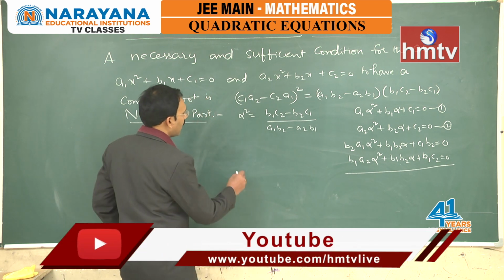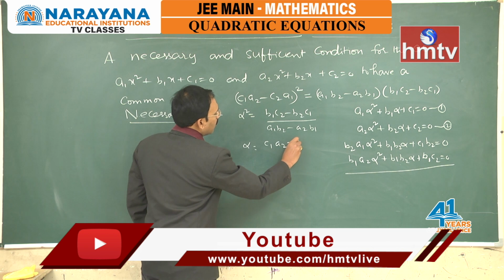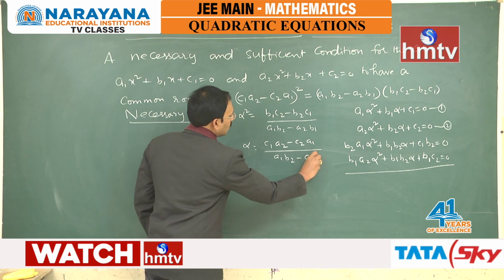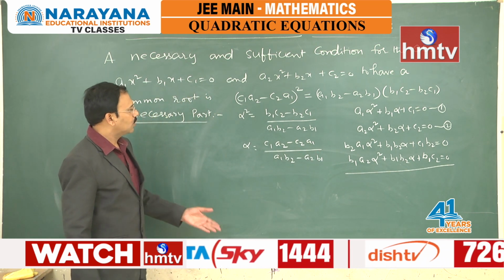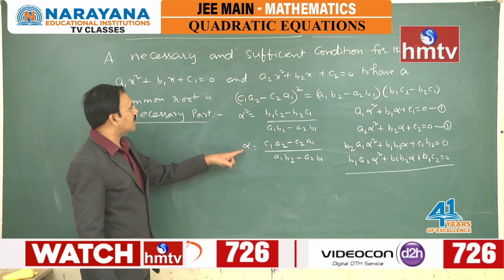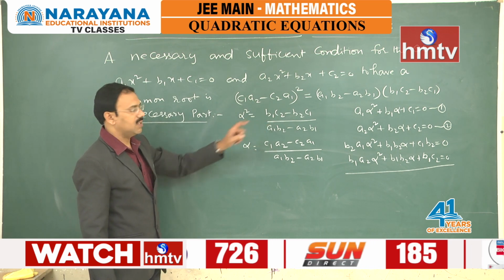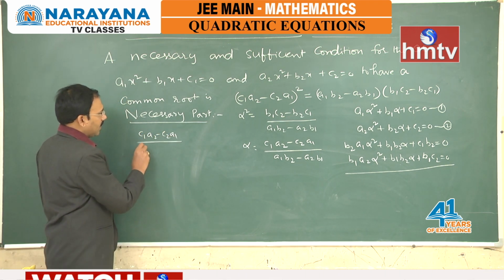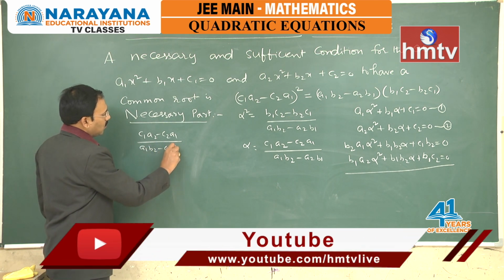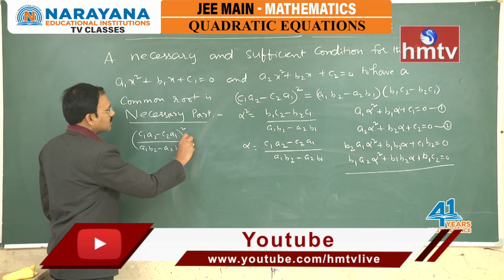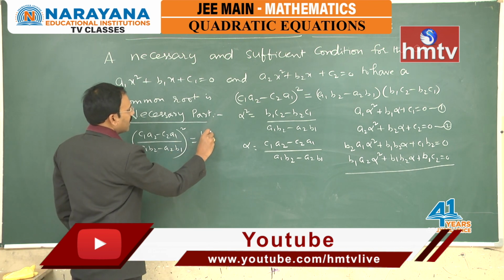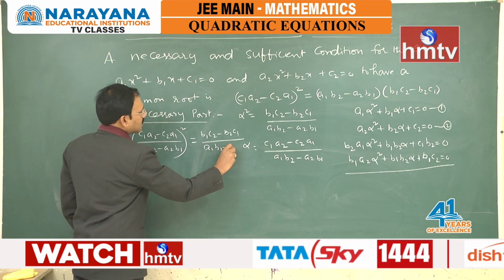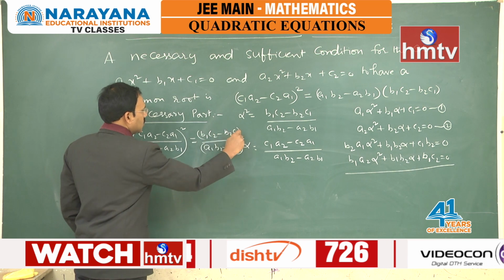You will get alpha as (c1 a2 minus c2 a1) by (a1 b2 minus a2 b1). So, to eliminate alpha, its square is going to be this, that is ((c1 a2 minus c2 a1) by (a1 b2 minus a2 b1)) whole square is equal to (b1 c2 minus b2 c1) by (a1 b2 minus a2 b1). This is the condition we get.